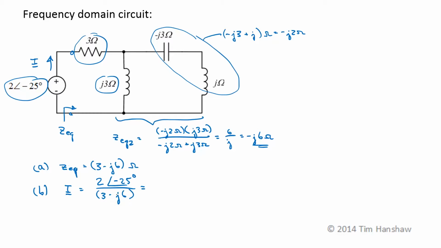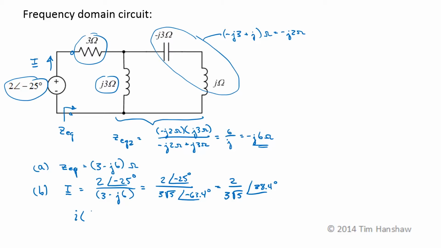Converting this to polar notation becomes 2 at an angle of minus 25 degrees over 3 times the square root of 5 at an angle of minus 63.4 degrees. So the current phasor is 2 over 3 times the square root of 5 at an angle of minus 25 minus a minus 63.4, which is positive 38.4 degrees.